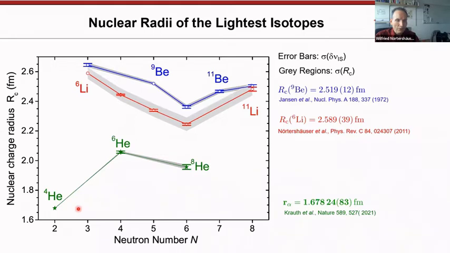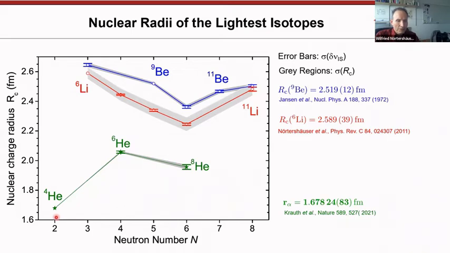If you look here at the charge radii for the lightest elements, helium, lithium, and beryllium, the error bars given here are those which come from the isotope shift measurements, whereas the gray regions are those which are due to the reference radii, which come usually from elastic electron scattering or muonic atoms.